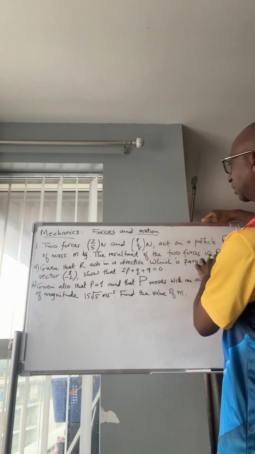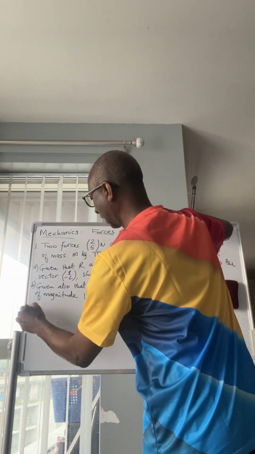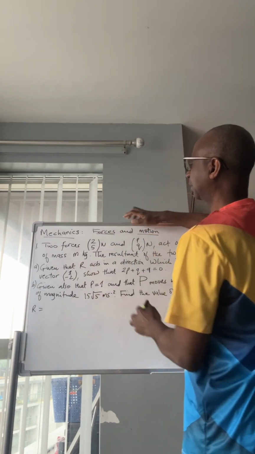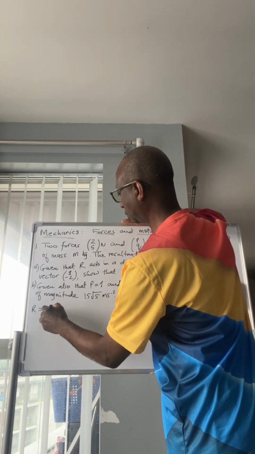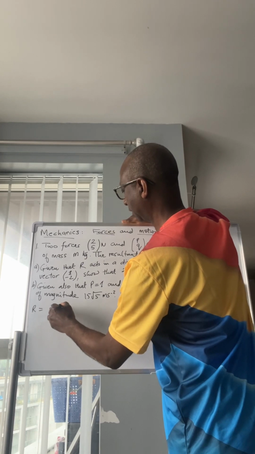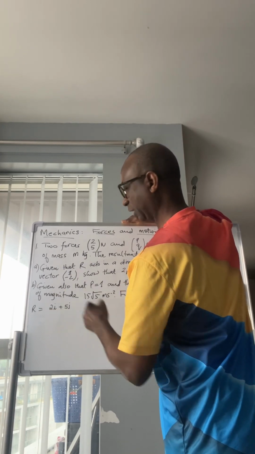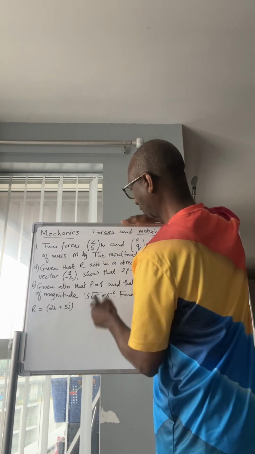They say the resultant of the two forces is R. You have this one, which can also be written as 2i plus 5j in a unit vector form representation, newtons.